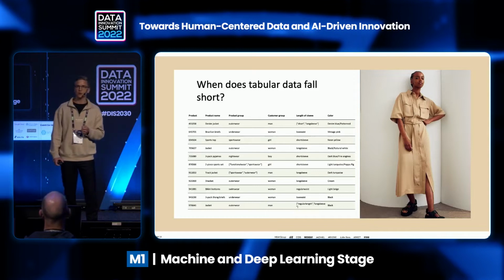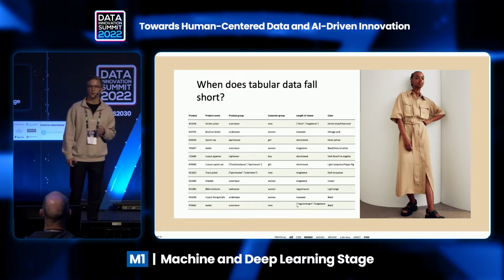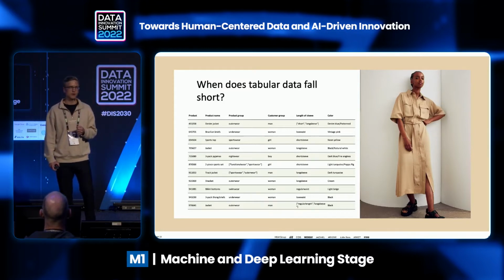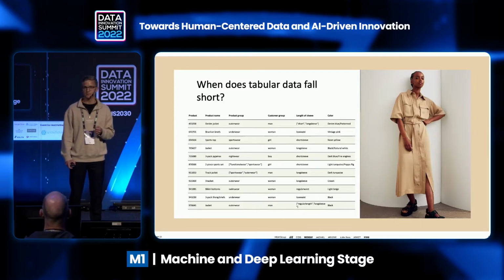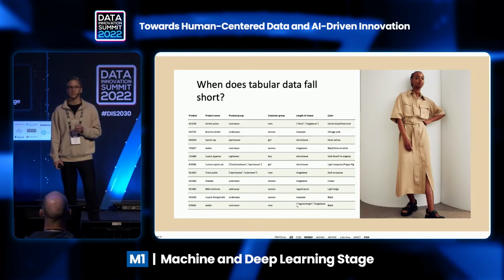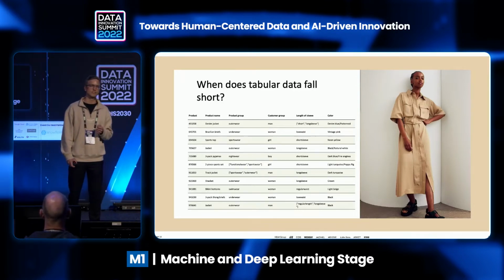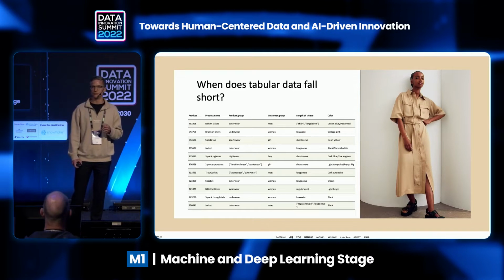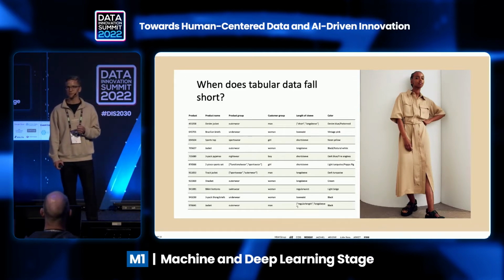I was in a meeting a couple of years ago when we were discussing exactly this. How can we understand our products and customers better by enriching our tabular data? And there was one person in this meeting expressing that we should outsource this to an external provider who is labeling this data for us.